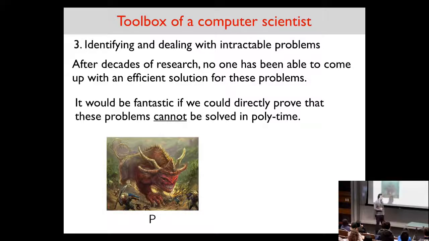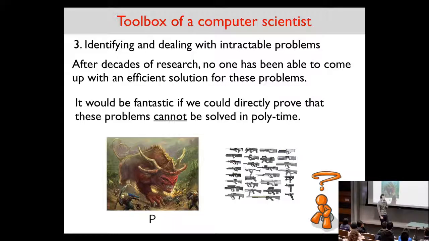But polynomial time is a big beast, okay? There's a very powerful class of algorithms. They can do a lot of tricky things. We sort of saw some of them in this course. And we have this big beast. We are trying to show that it cannot do SAT, it cannot do TSP.